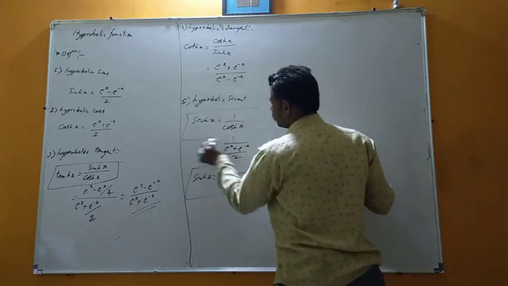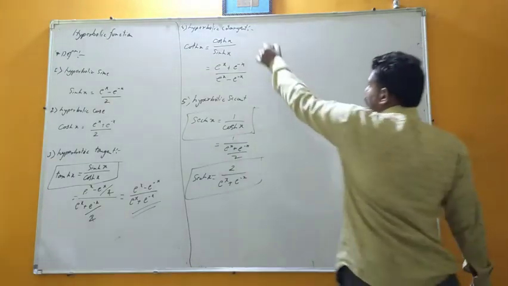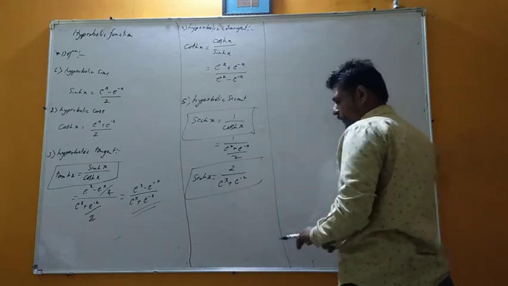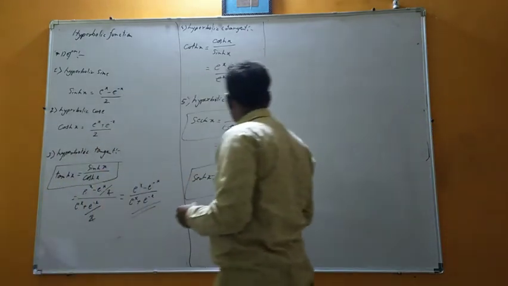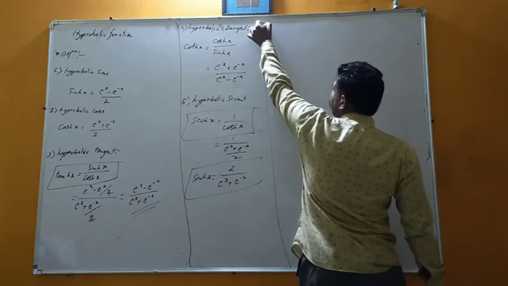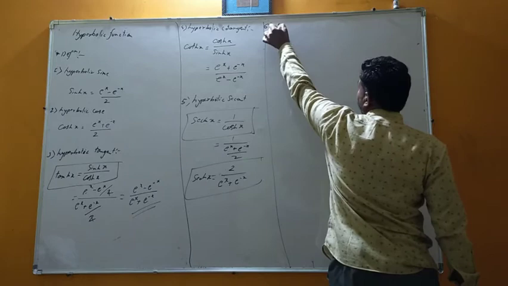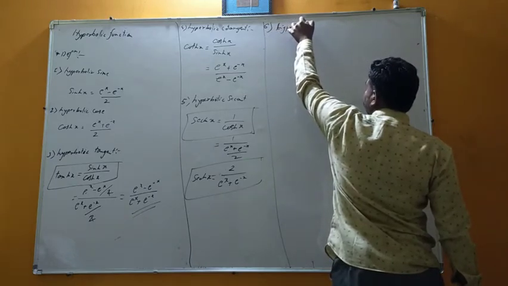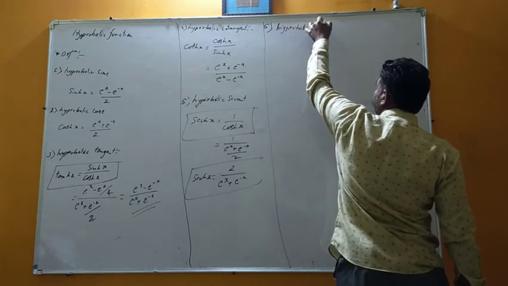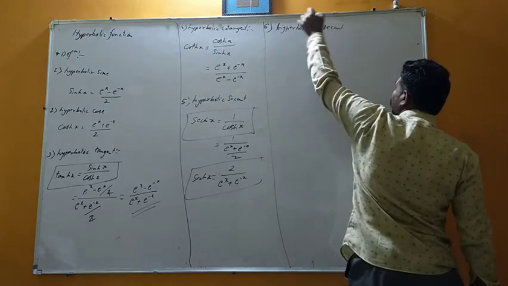Generally we require this. After that we will see the sixth one, that is hyperbolic cosecant.